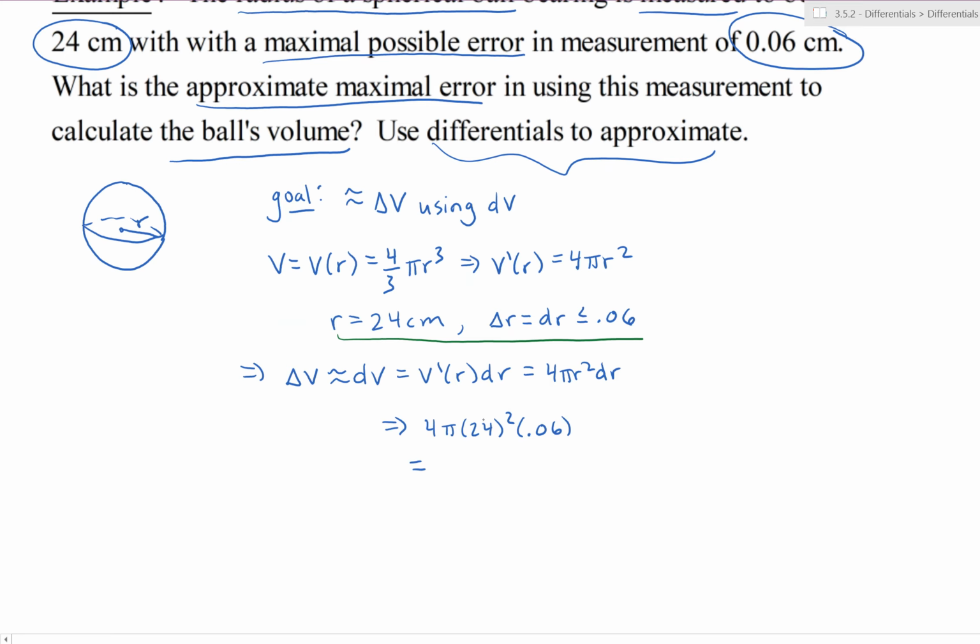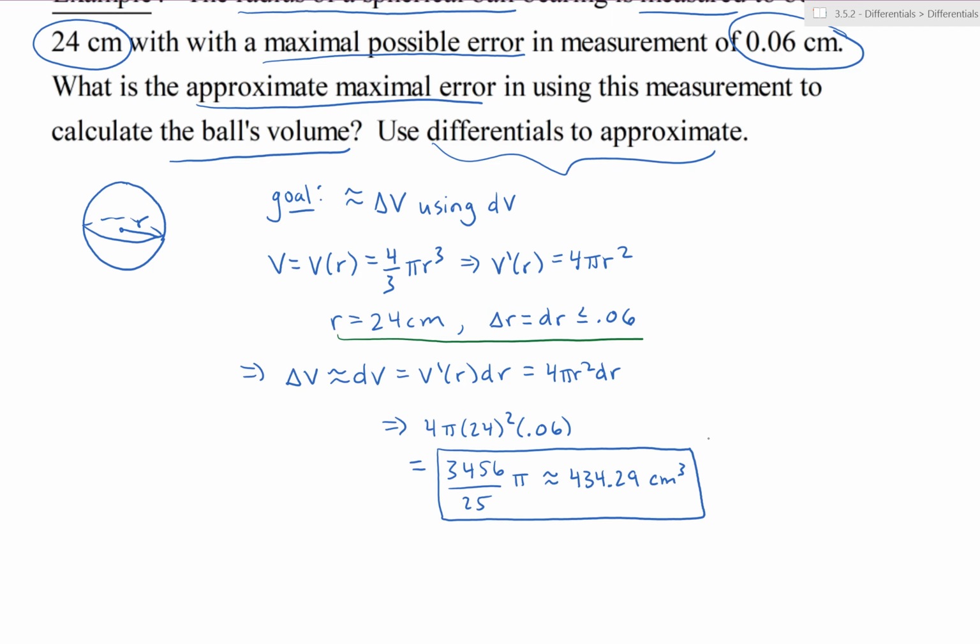Press some buttons. 3,456 divided by 25 times pi, and even pressing more buttons, you get 434.29 approximately cubic centimeters. So there's our maximal possible error being estimated using the differential in this particular case.